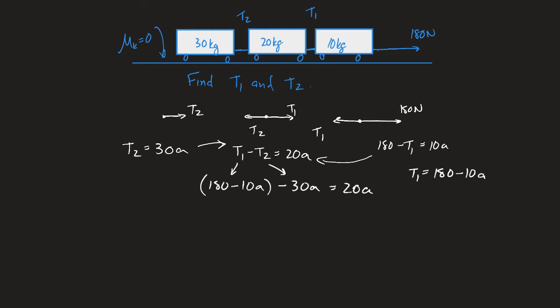I've got a single equation now with just acceleration in it. I would like you to see something, so move everything with acceleration to the same side, which is what you would have to do anyway. So I get 180 equals 10A plus 20A plus 30A. It is important that you see that you can factor out the A's.